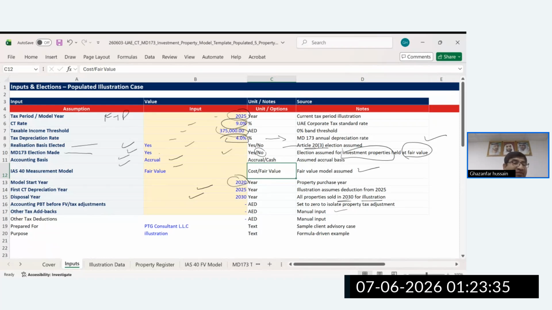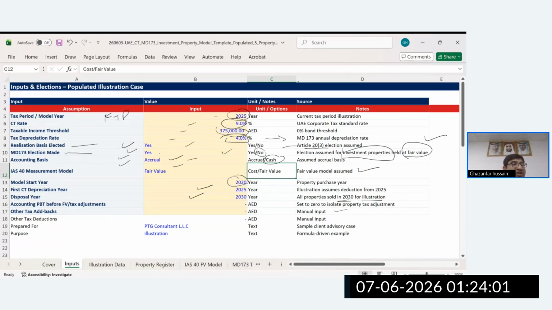This is the assessment, because we cannot go and apply on any item or any property. That's why we added this information, and the same Ministerial Decision key points we learned today, we are applying over here. The accounting basis is the accrual basis; as an exception, some industries may follow the cash basis, and then it will not be applicable.